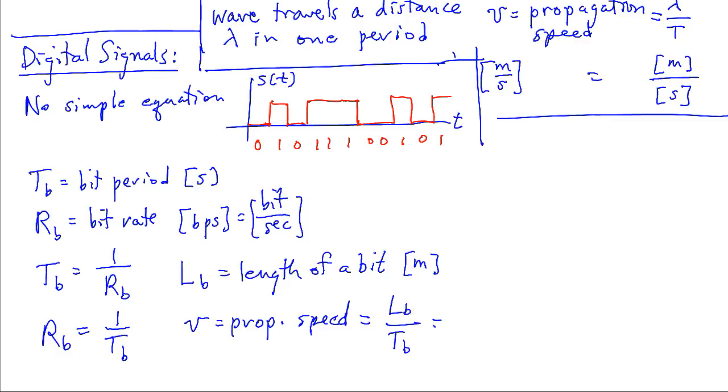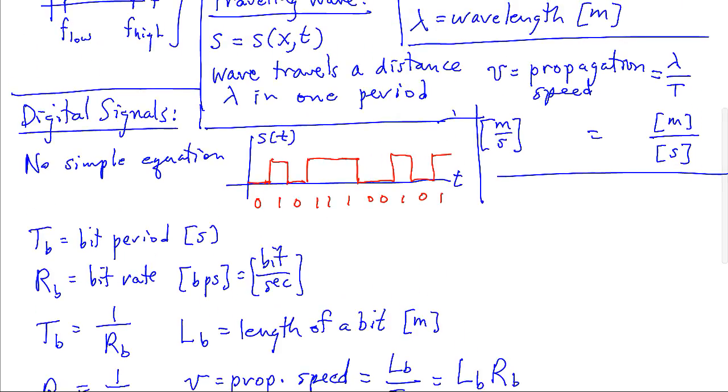Or, if I want, I can write the length of the bit times the bit rate. Okay? Very similar to the equation up here. Propagation speed is lambda over T. As a matter of fact, I should go ahead and use the fact that the frequency is 1 over the period in this equation up here and write that this is also lambda f. Okay? I can make an equal sign there.